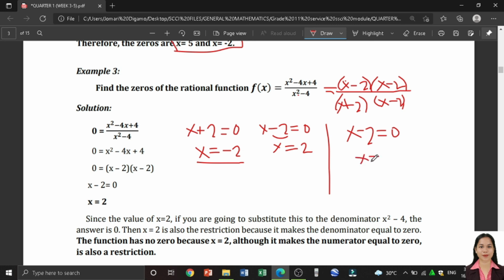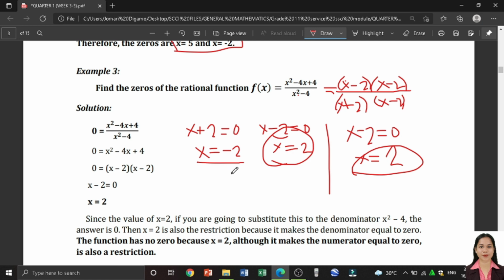As you can see, does it have the same value as in the restricted values? Yes, we have x equal to 2 and x equal to 2. Therefore, if we substitute 2 into our rational function, it will make the denominator 0 also, not only the numerator but also the denominator.